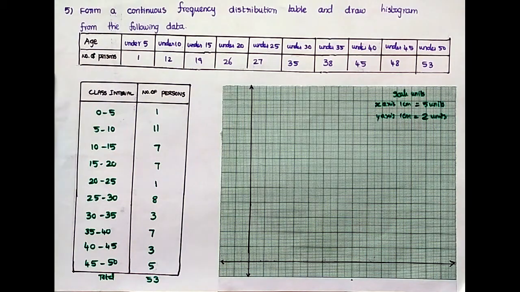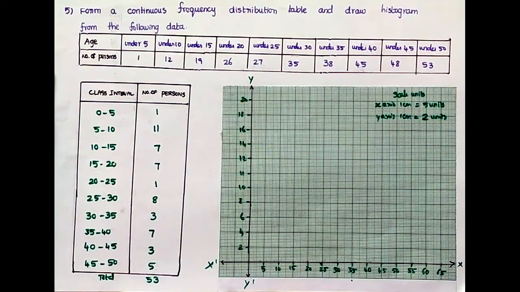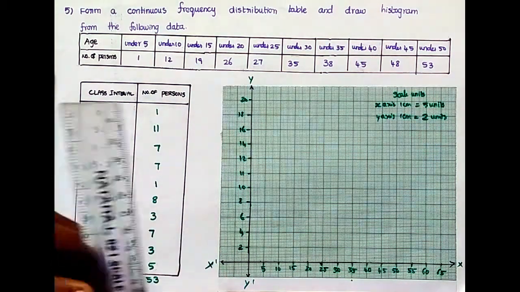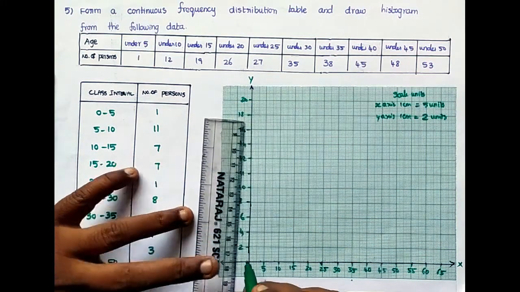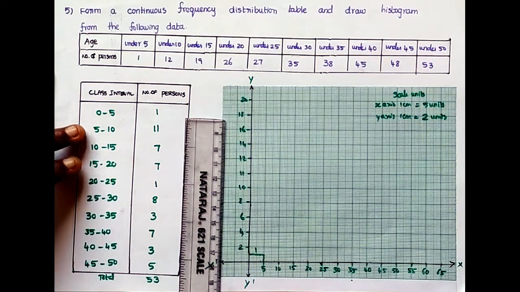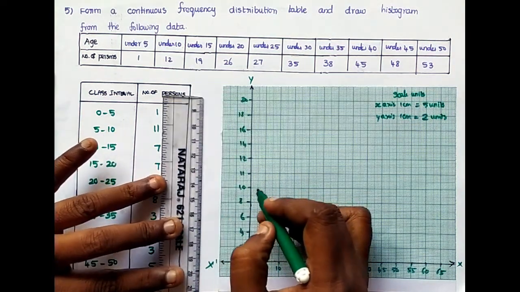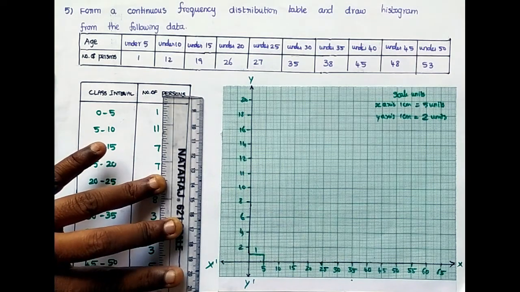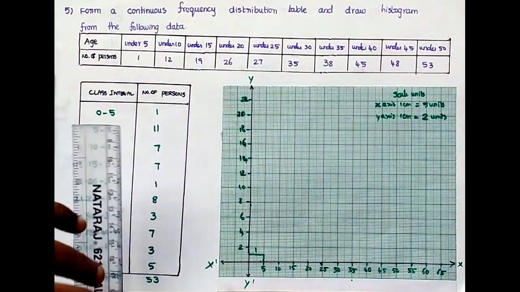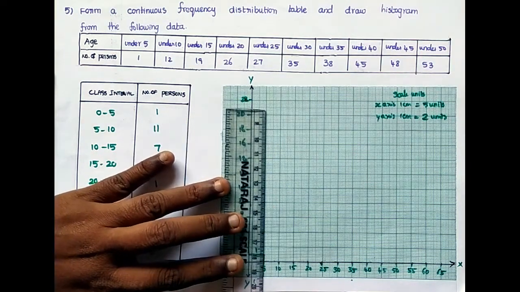Now put down the numbers on the x-axis and y-axis. Now listen, 0 to 5, 1. So 1 here. 5 to 10, 11. 10 to 12, in between 11 is there.